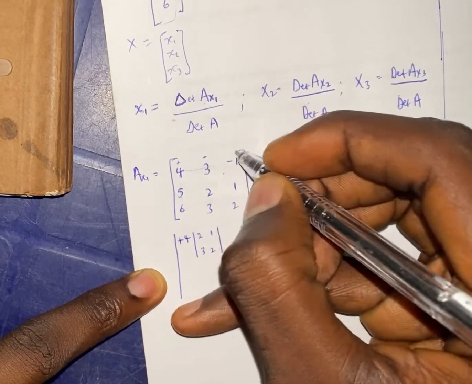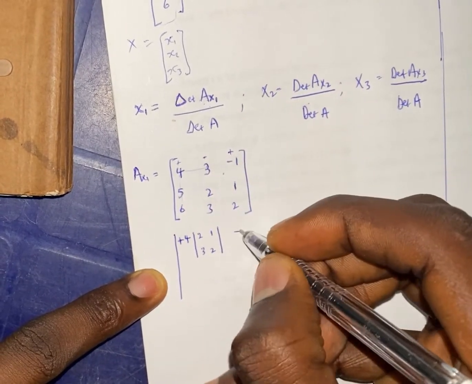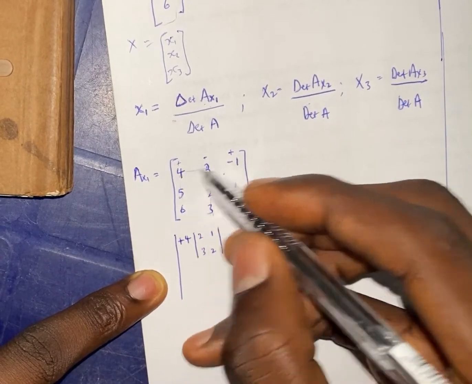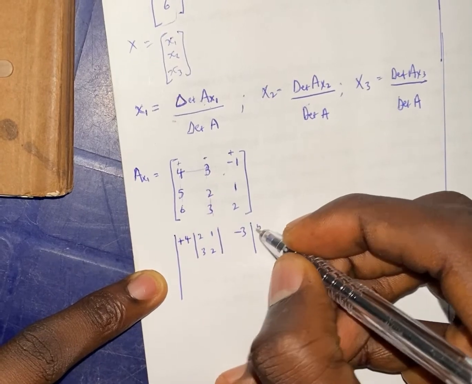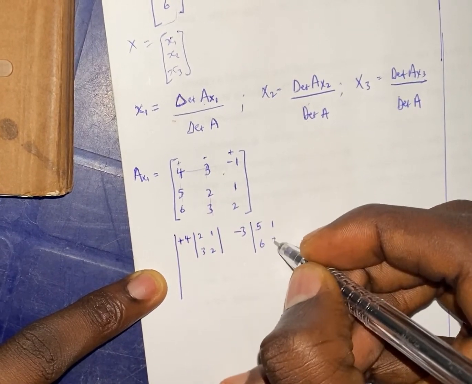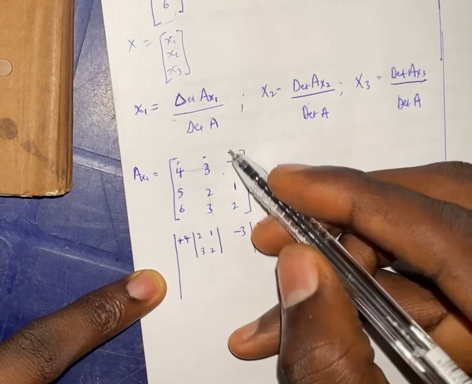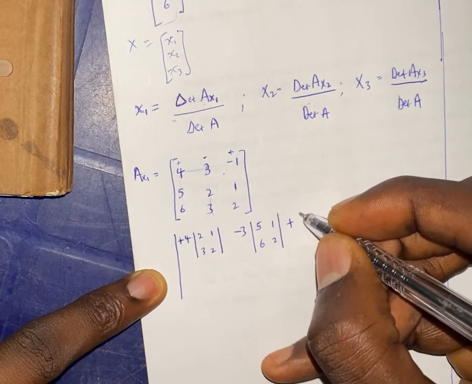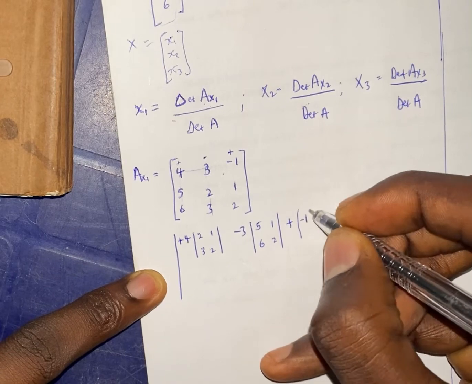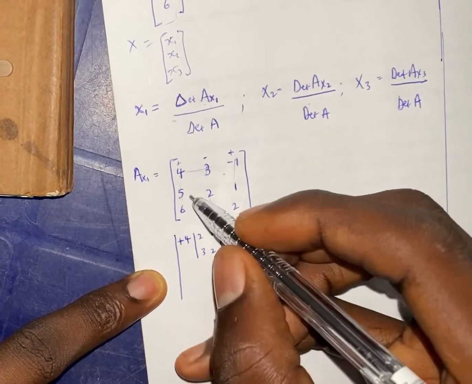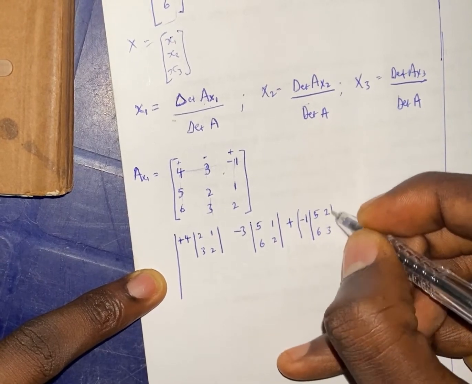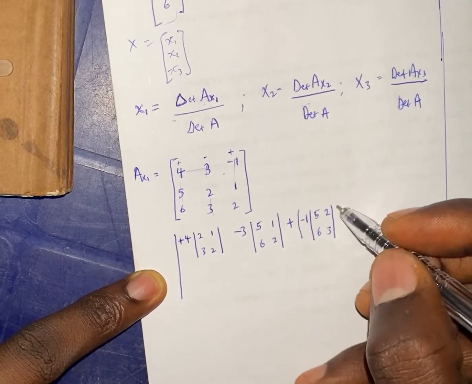Minus 3 times, you close this column, close this, you have 5, 1, 6, 2. Plus minus 1 of, if you close this and close this, you have 5, 2, 6, 3. So these are determinants.